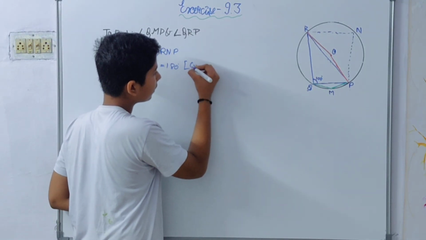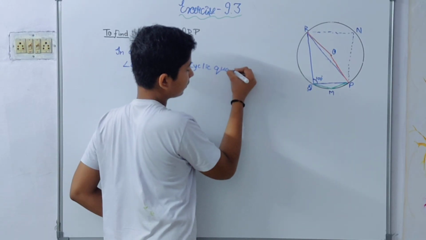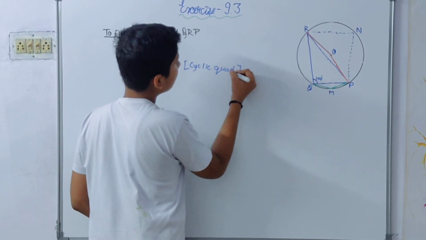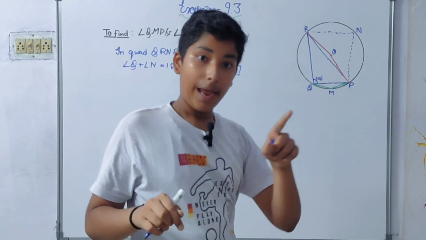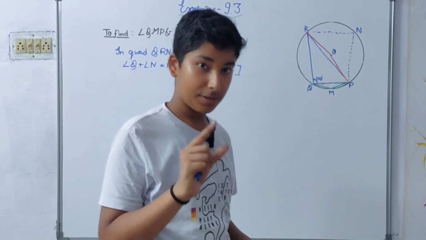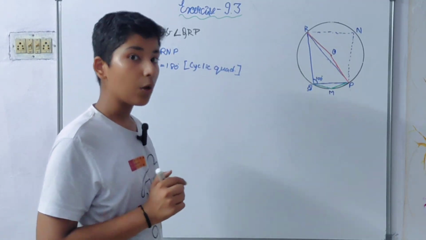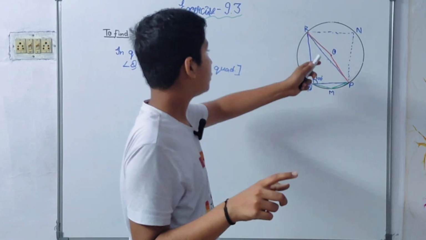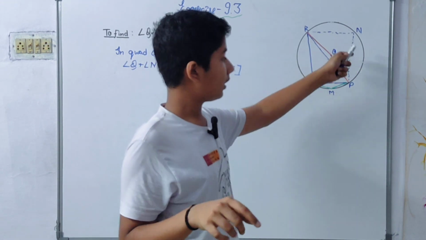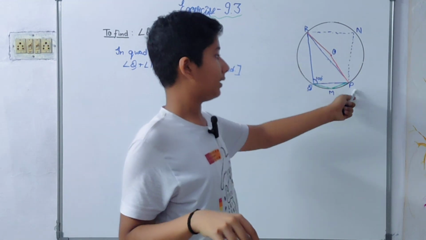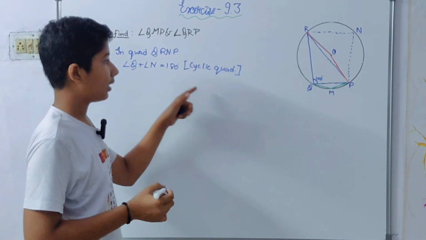A cyclic quadrilateral is a quadrilateral inside the circle, and remember that all of its corners should touch the edges of the circle. As in this one, all four corners are touching the edges of the circle. So this is a cyclic quadrilateral.